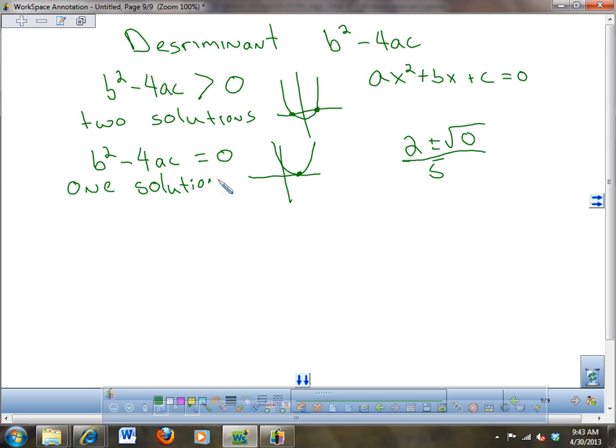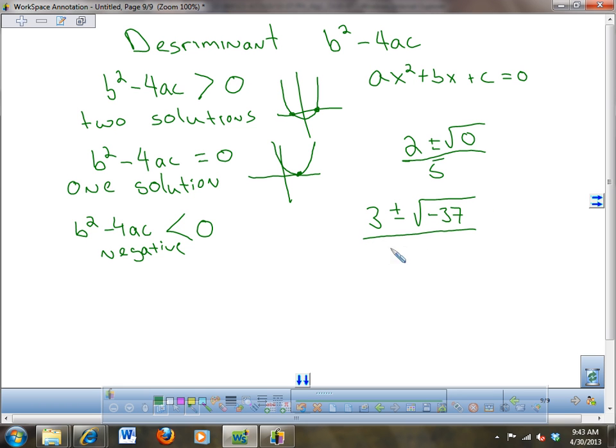Okay? And guess what happens if b squared minus 4ac is less than 0, meaning it's a negative number. What if I used the quadratic formula and my answer is 3 plus negative square root of 37, over 5?